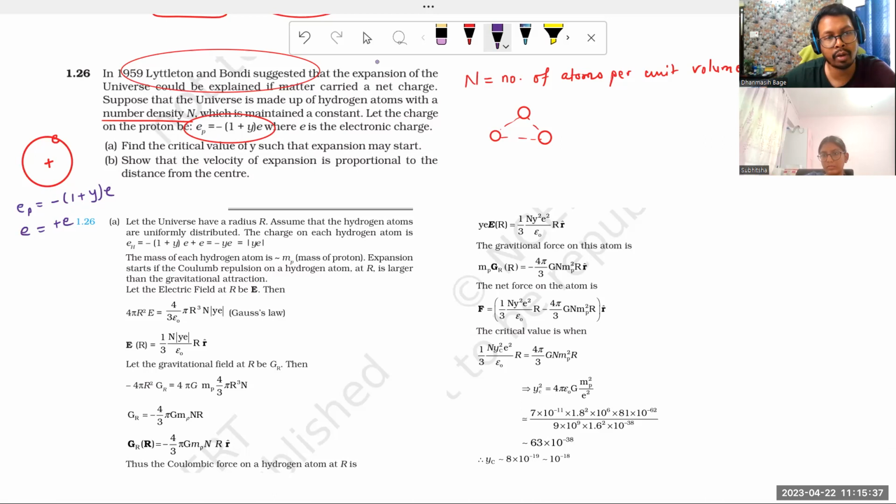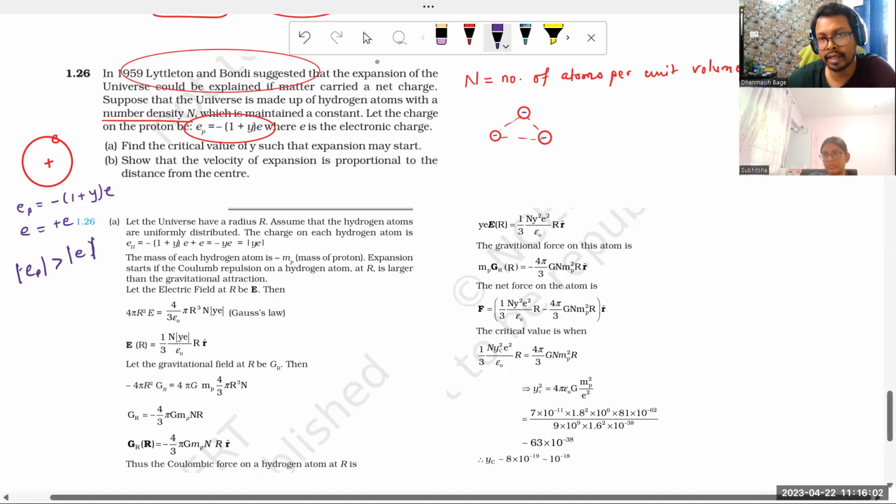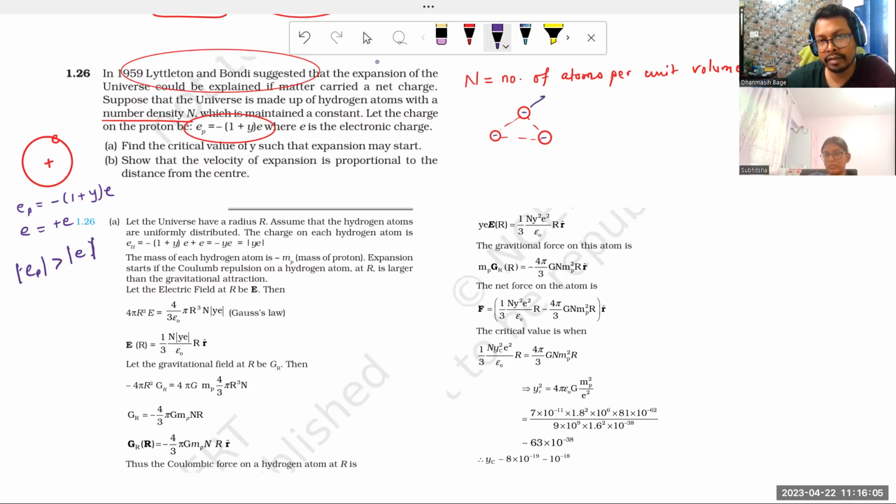That is why there is a perfect order in this universe. So let us just see this thing here. All the hydrogen atoms are carrying a negative charge, because the magnitude of EP is greater than the magnitude of E, clearly, right? That is the thing. So they will repel each other.